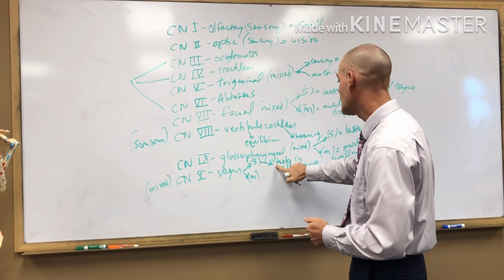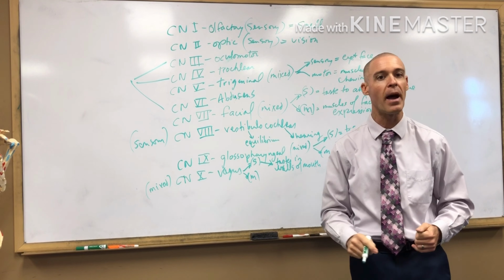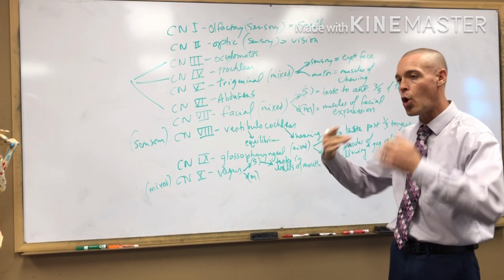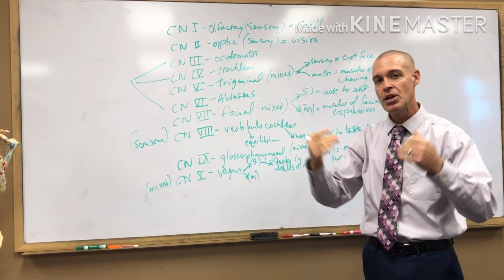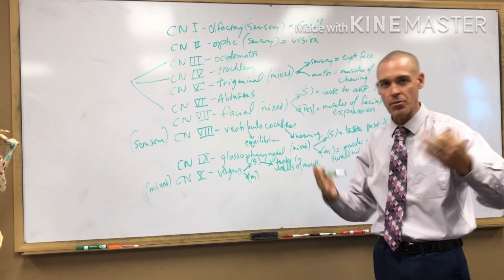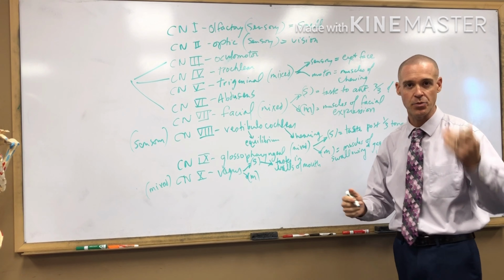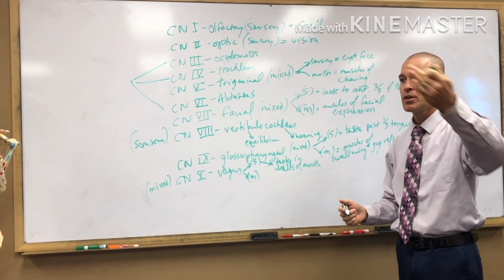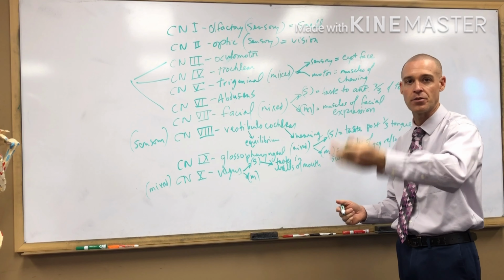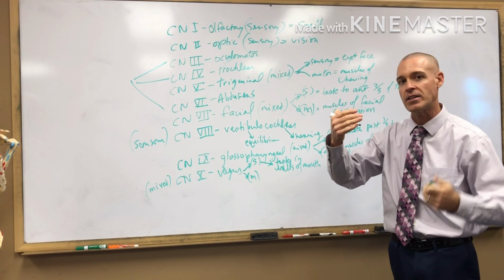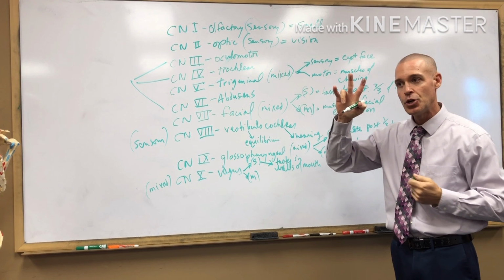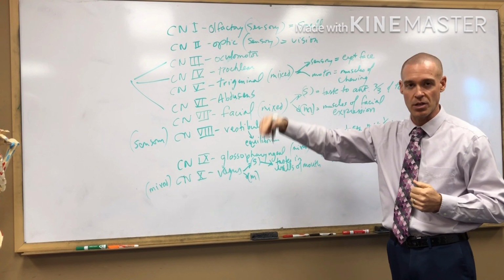A lot of people don't realize there's taste buds in the walls of your mouth. So taste in the walls of the mouth is vagus. So that gives us 3, if you've been counting, 3 cranial nerves that control taste. We've got cranial nerve 7, which is facial, cranial nerve 9, glossopharyngeal, cranial nerve 10, vagus. 3 of those collectively control all taste. 2 of them on the tongue, which would be facial and glossopharyngeal. Okay, so that's taste in the walls of the mouth.